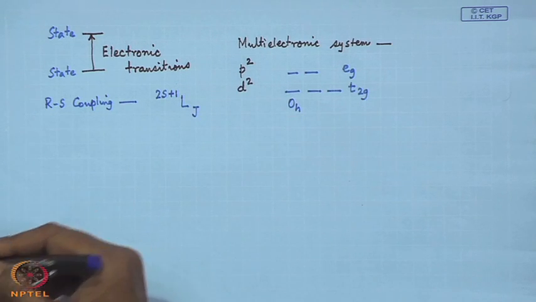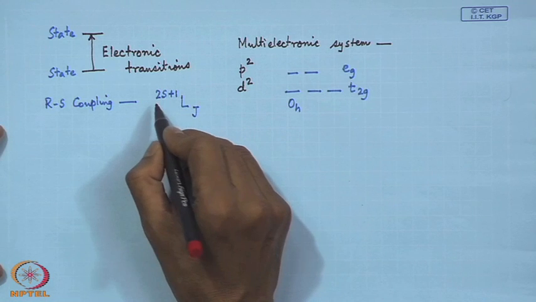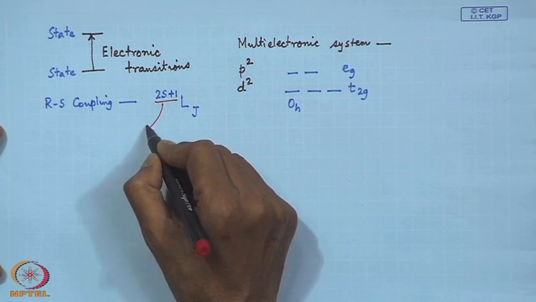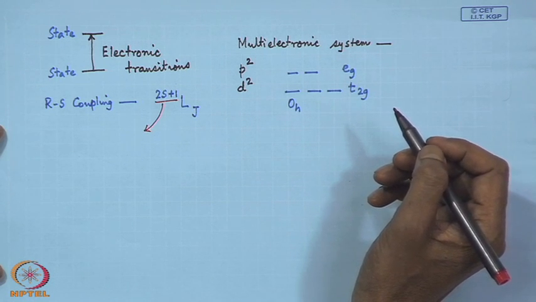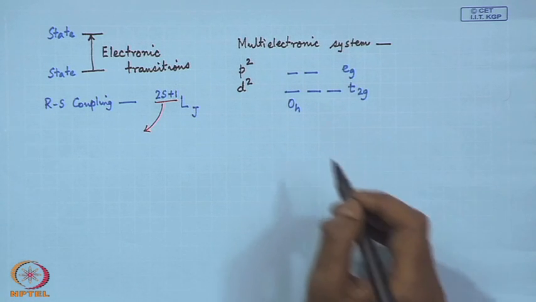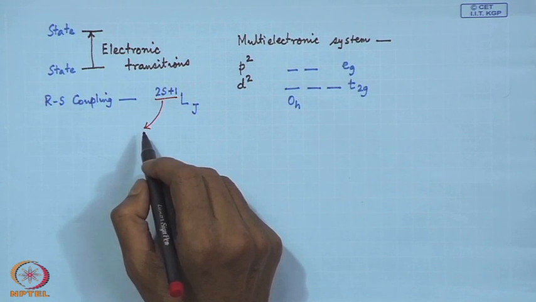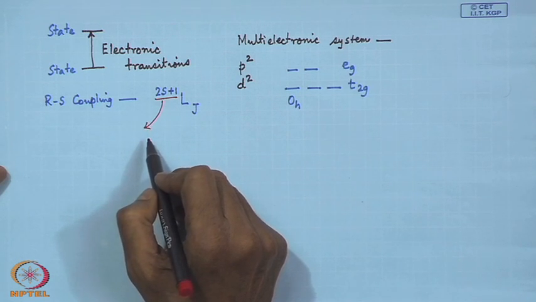And since we are going to apply the corresponding selection rules, looking at this first stage, that means the spin multiplicity, we know that for a particular type of transition involving these metal complexes, we can have certain states where the spin multiplicity or the total spin angular momentum value will not change.